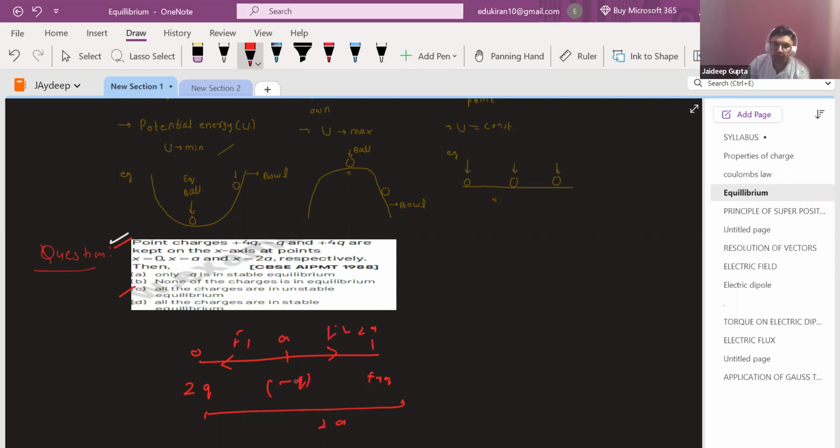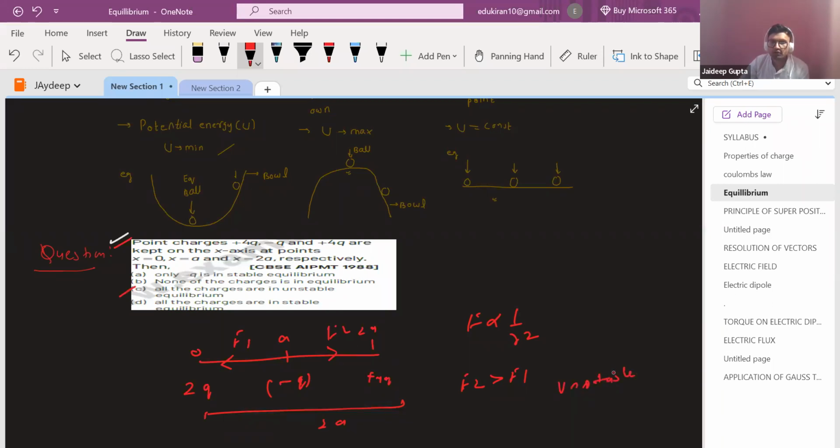So if I displace minus q a little bit towards 4q, definitely force is inversely proportional to the distance. So distance will be decreased, hence F2 will be increased. F2 is greater than F1, hence the minus q is not able to regain its position. Unstable equilibrium.